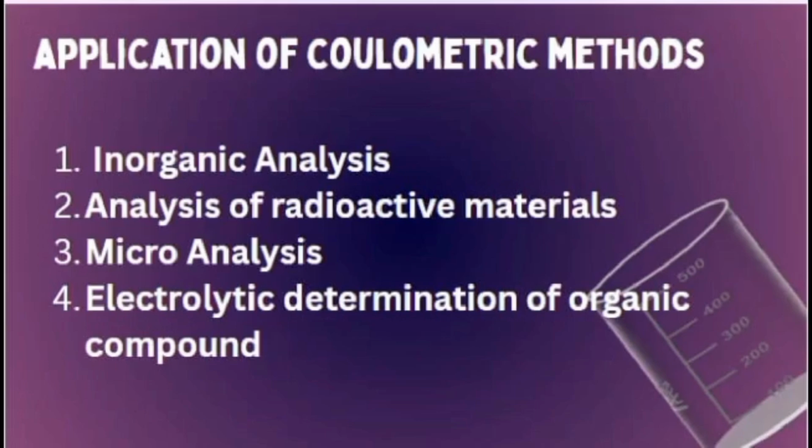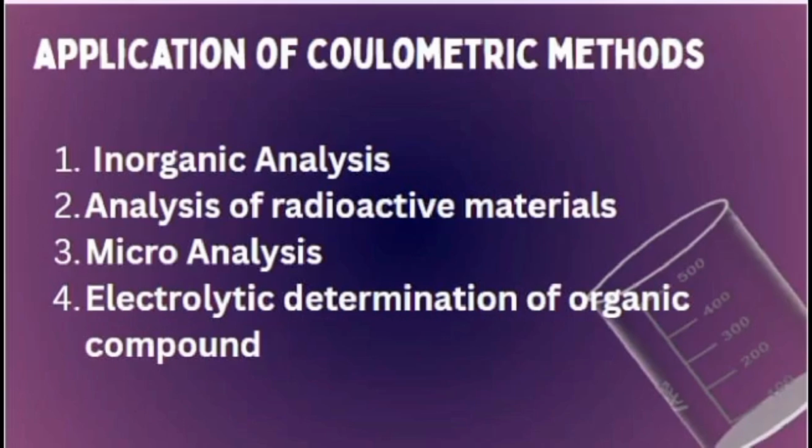So what is the importance of analysis of radioactive materials? Accurate measurement of radioactive isotopes is crucial for nuclear safety, environmental monitoring, and nuclear waste management. Coulometry's precision helps ensure safe handling and disposal of radioactive materials, preventing environmental contamination and protecting human health.